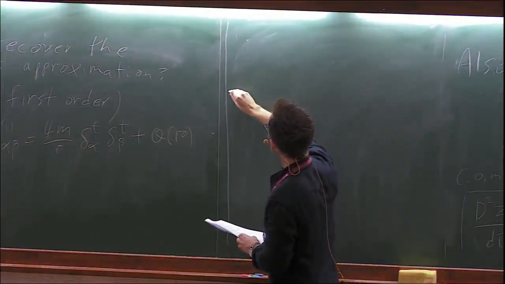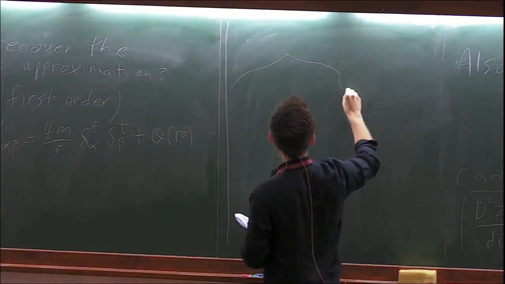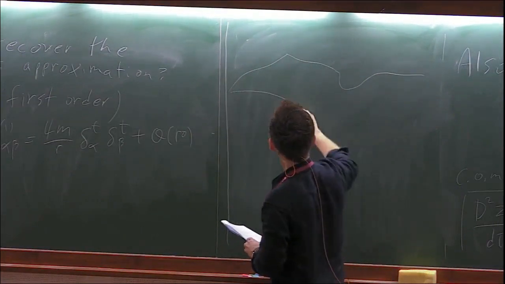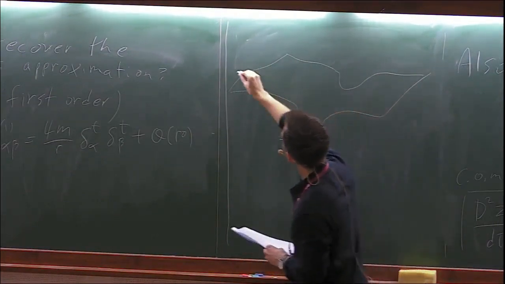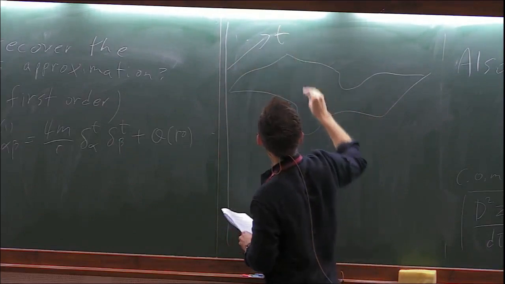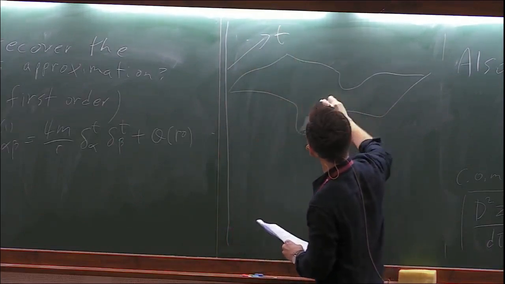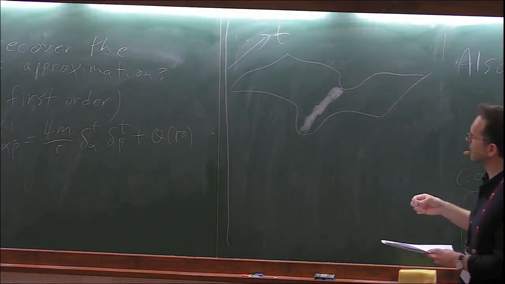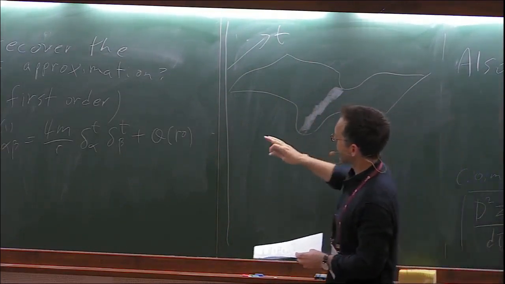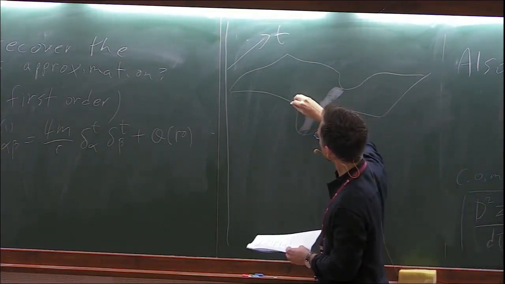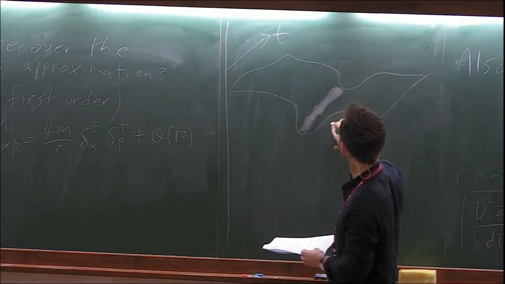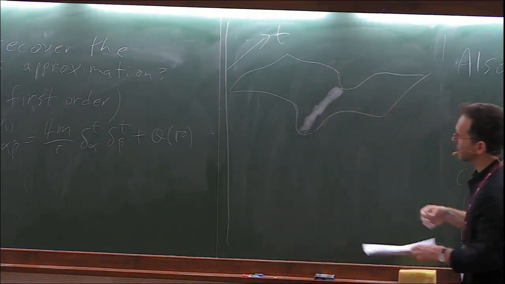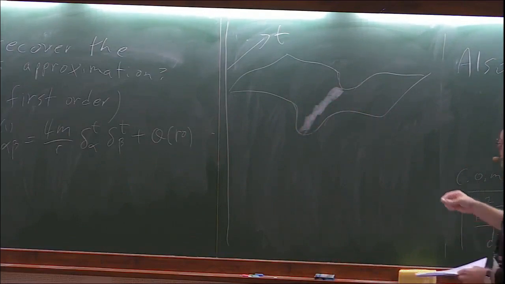So let's think back to the space-time picture I had. Time running that way, and I have some object in there. Could be a neutron star, could be a black hole, whatever. I'm going to take the full field I find around there in the buffer region.